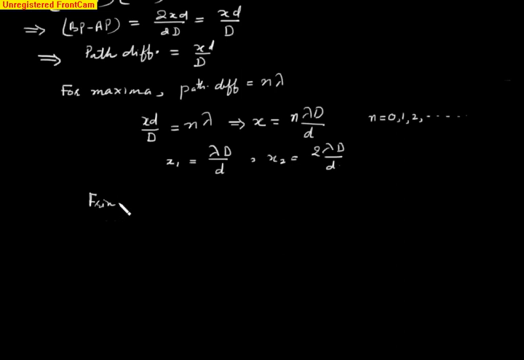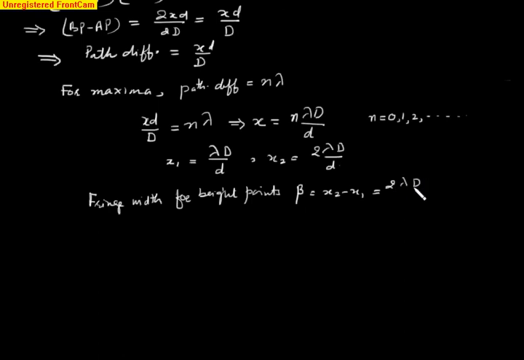So I want to find the fringe width for bright points or bright fringes. It is denoted by beta, equal to x2 minus x1.